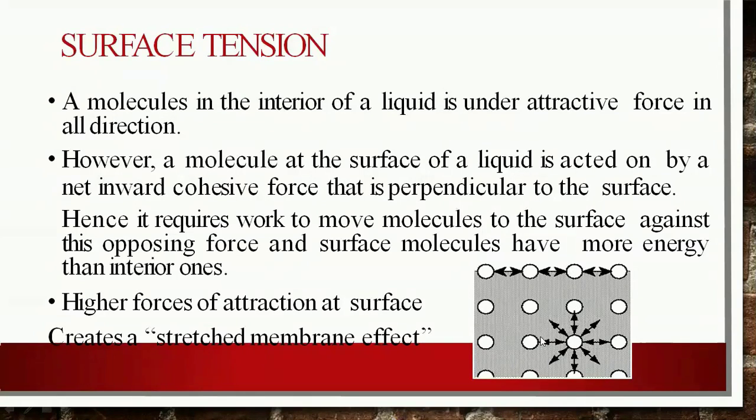So this molecule will be a balanced molecule and this molecule will be an unbalanced molecule because this one is at the surface. As you can see in this picture, the resultant force acting on molecule A is equal to 0. So this one will be balanced.